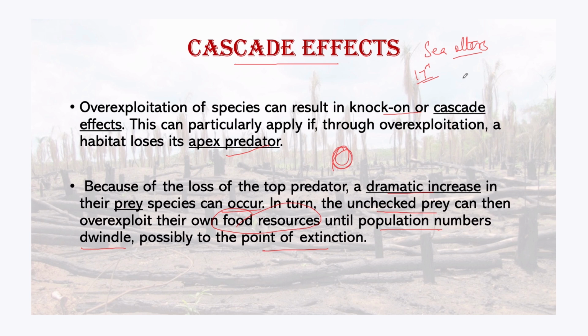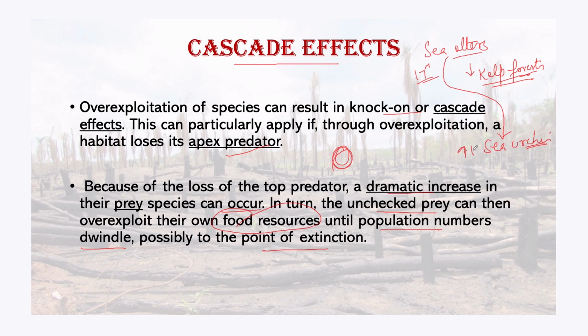So this caused cascade effects through the kelp forests, these kelp forest ecosystems along the Pacific coast of North America. One of the sea otter's primary food sources is the sea urchin. When hunters caused the sea otter population to decline, an ecological release of sea urchin populations occurred.